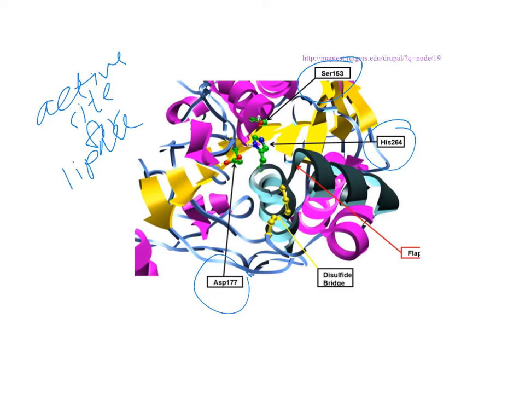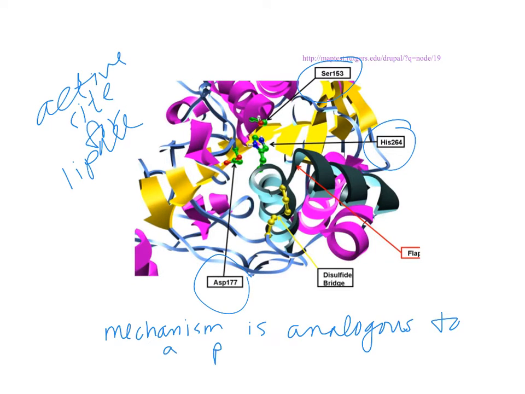So the mechanism is analogous to a protease, only in this case, because it's a lipase, we cleave a lipid instead of a protease cleaving a protein. So again, this is the mechanism that you've already done several times before. So I would strongly suggest that you review it.